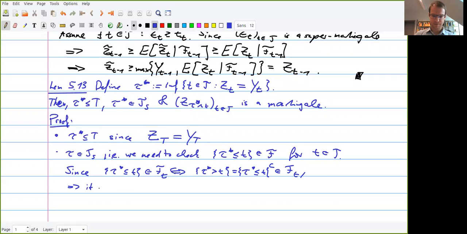It is sufficient to check that tau star being bigger than t is in the sigma algebra F_t. So let's do this.